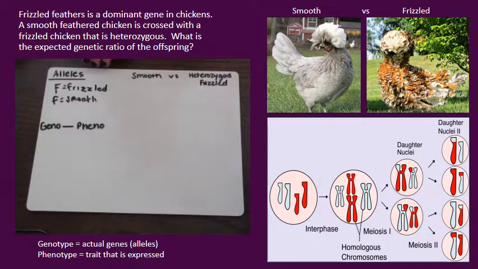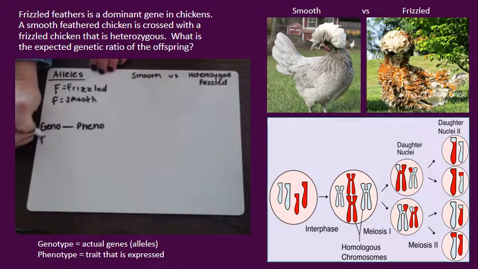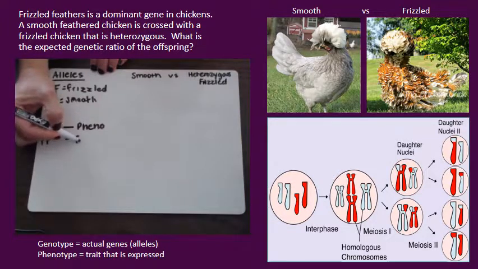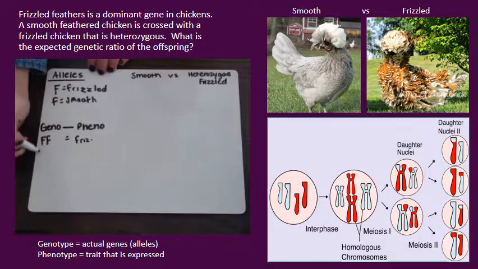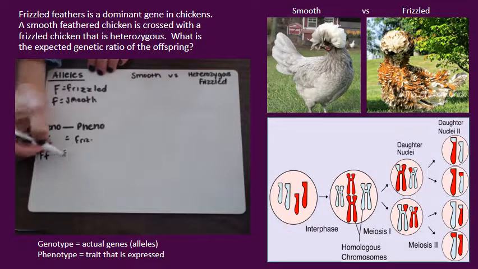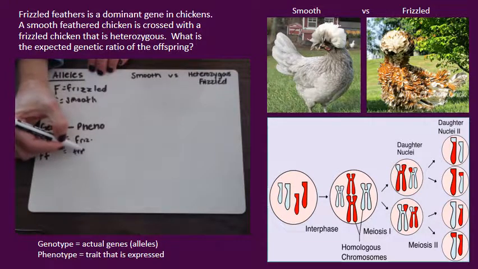One of the other things I like to do really quickly is figure out my possible genotypes and phenotypes. If I have the genotype capital F capital F, this represents a frizzled chicken. If I have capital F lowercase f, this is also frizzled because it has that dominant gene.